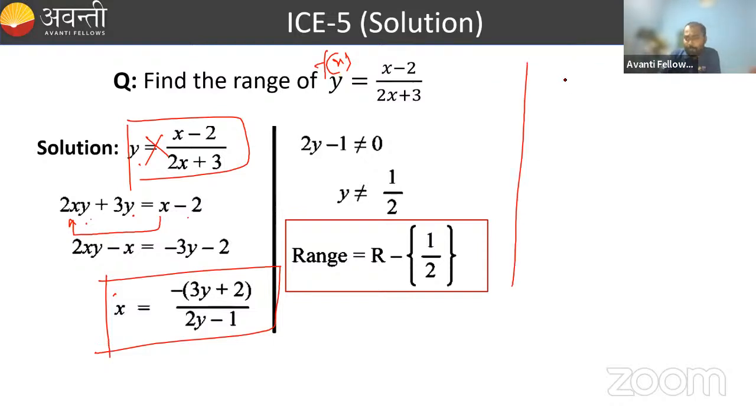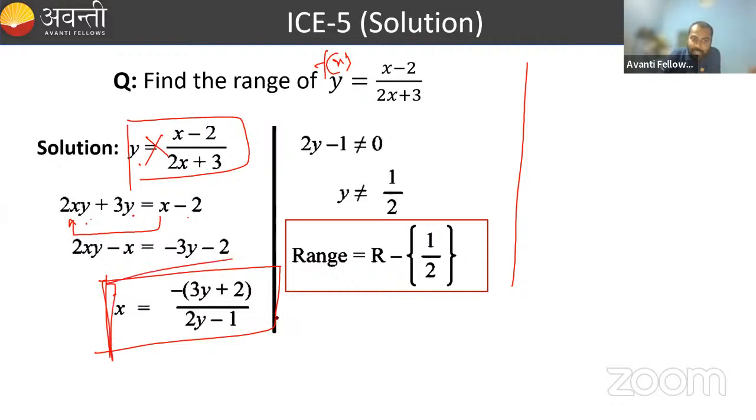So actually, when we are finding the range, our aim is to find the values of y, right? The first method is you need to write x as some function of y. So from here, for which values of y is x defined?